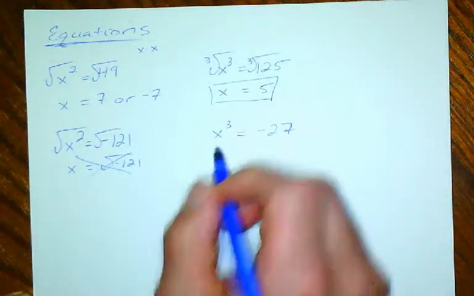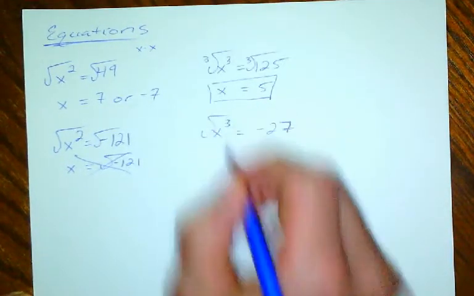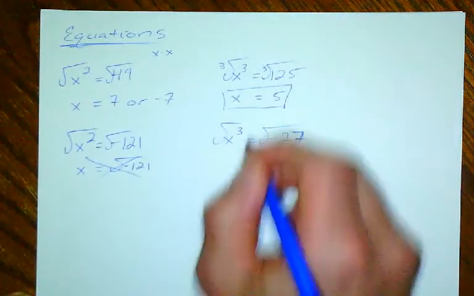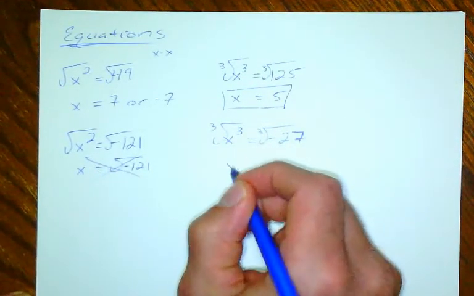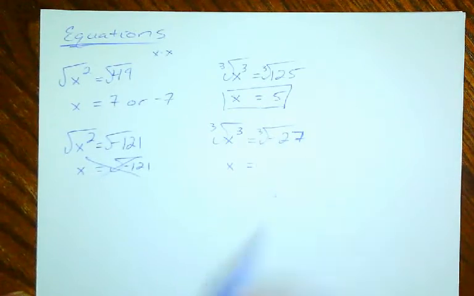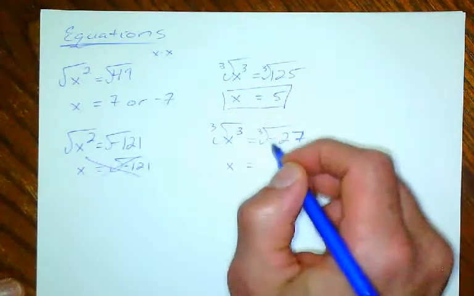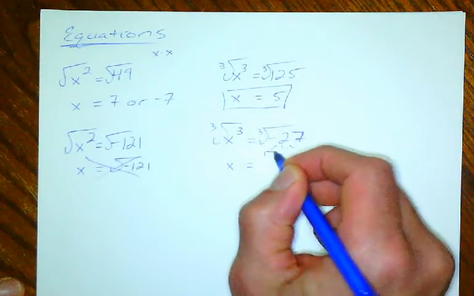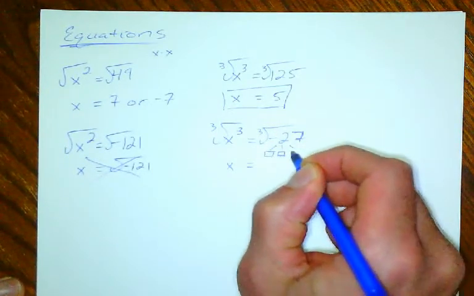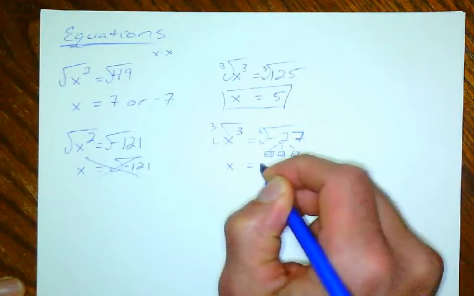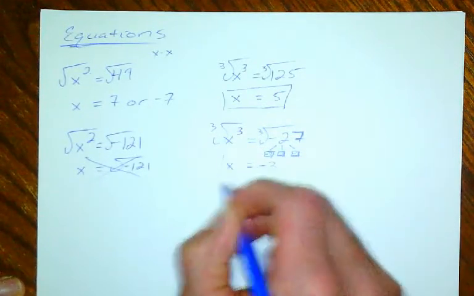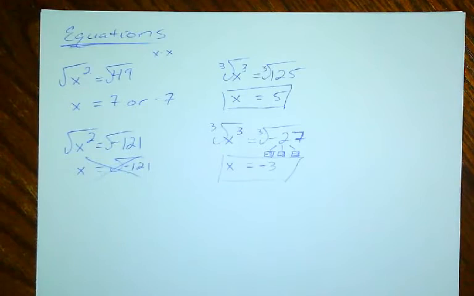To undo raising something to the third power, I take the cube root of both sides, so I get x on the left equals the cube root of negative 27. So what number multiplied by itself three times equals negative 27? That answer is negative 3. And notice there's only one answer for that.